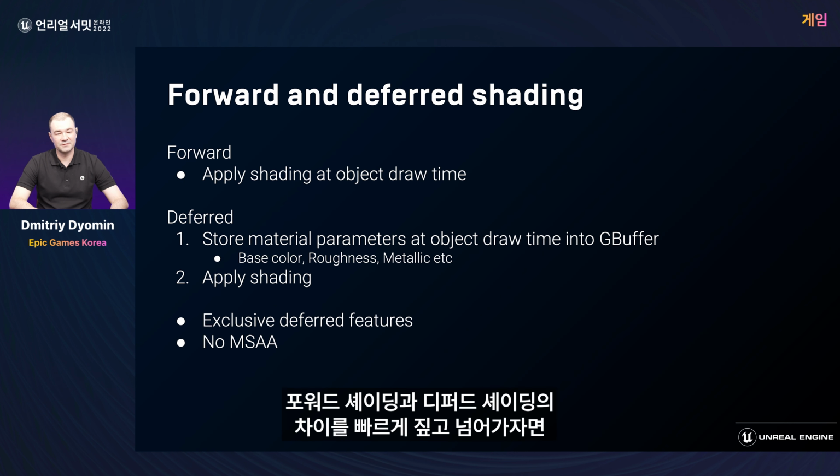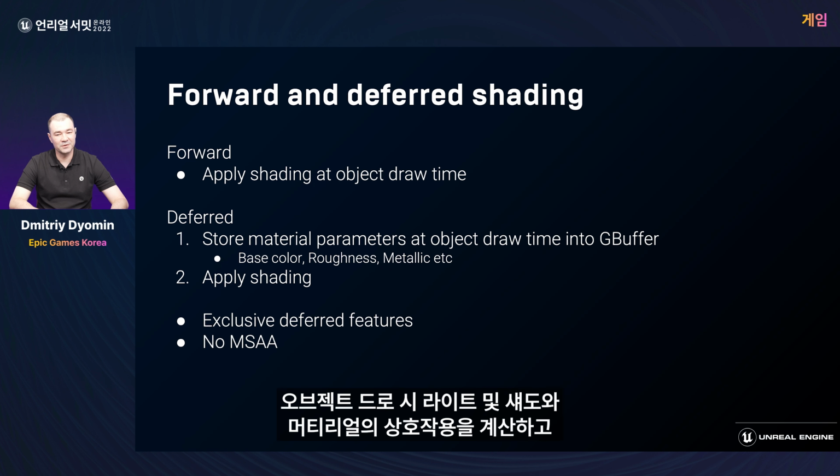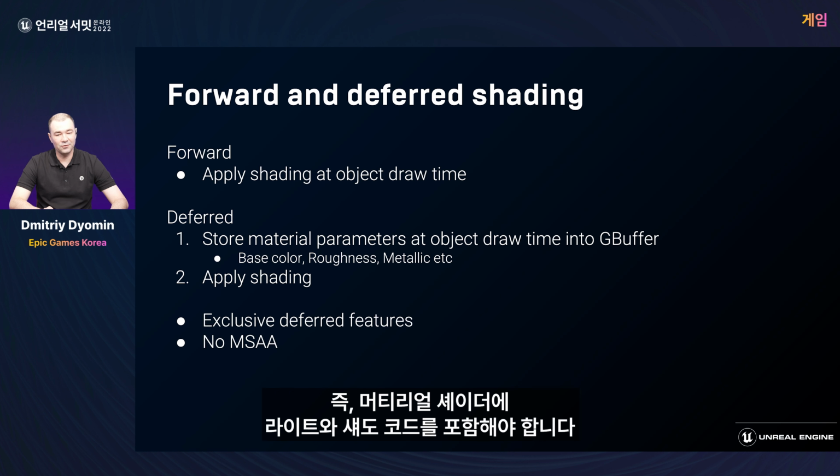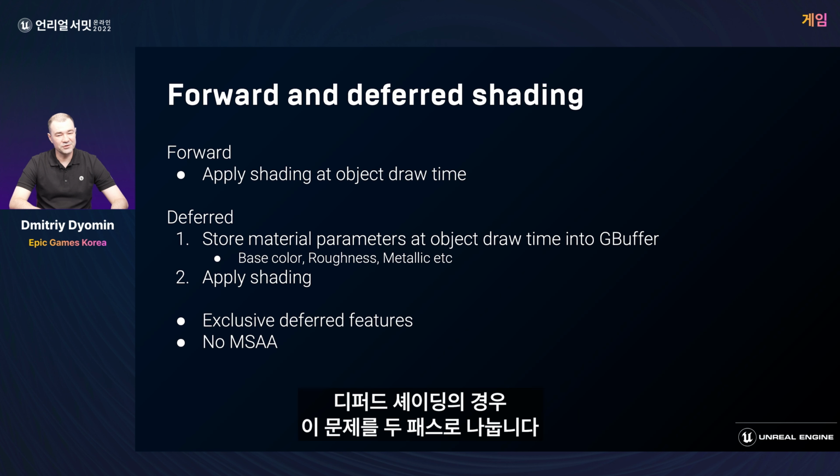Quick recap on what the difference is between forward and deferred shading. With forward shading, we compute material interaction with lights and shadows at object draw time and write the shaded pixels into the frame buffer. So that means our material shaders have to include all the light and shadow code. With deferred shading, we split the problem into two passes.